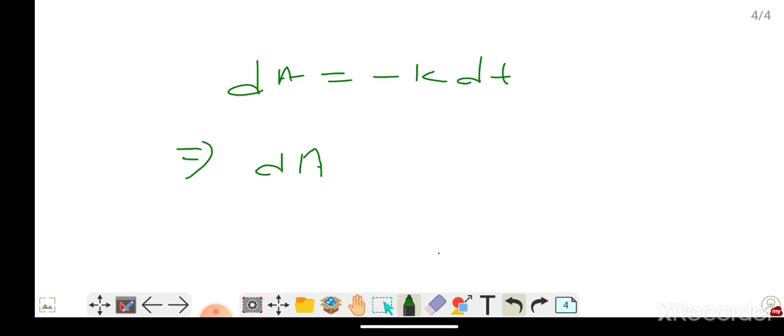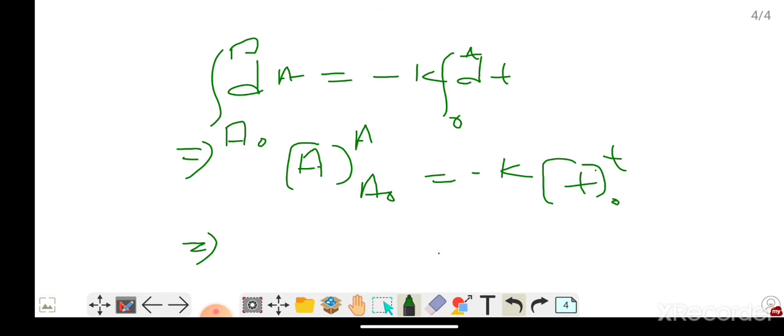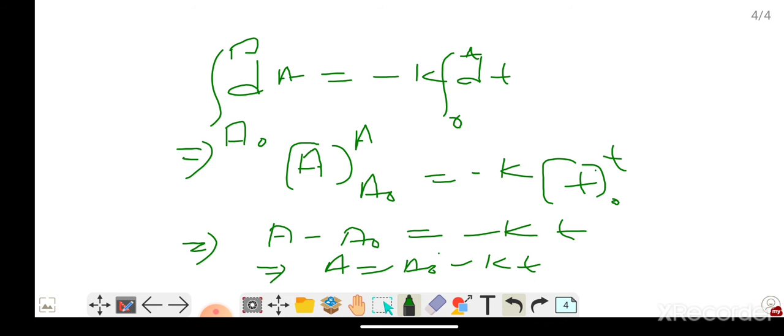On integrating both sides, taking the limit A0 to A on the left, it is equal to minus K, and here the limit is 0 to T. This implies A minus A0 is equal to minus KT, or A is equal to A0 minus KT.